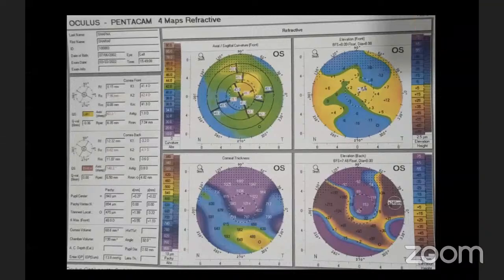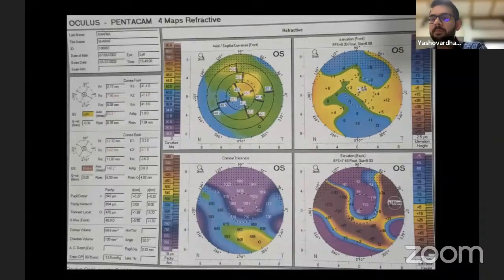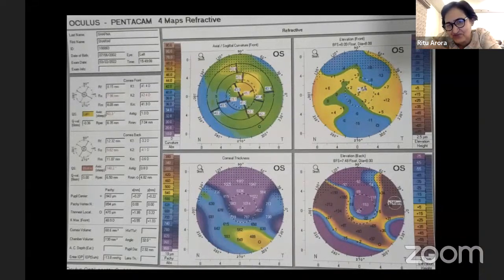Ma'am, less keratometry. Inverse. So a higher radius of curvature means lesser keratometry. Steeper or flatter? Flatter, right? So that's what this is trying to tell you. The best fit sphere is 8.09, so this means it will be a flatter cornea.